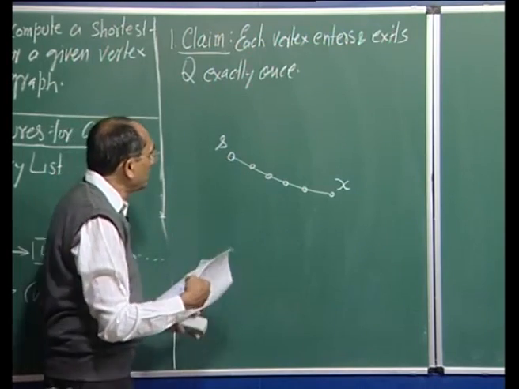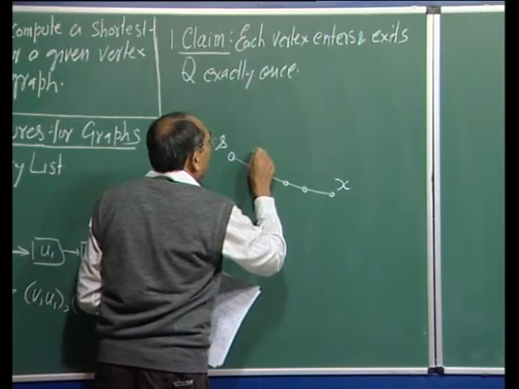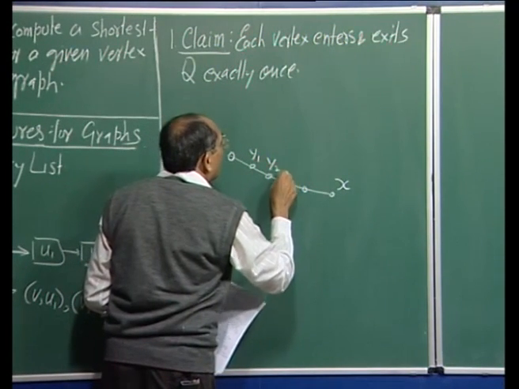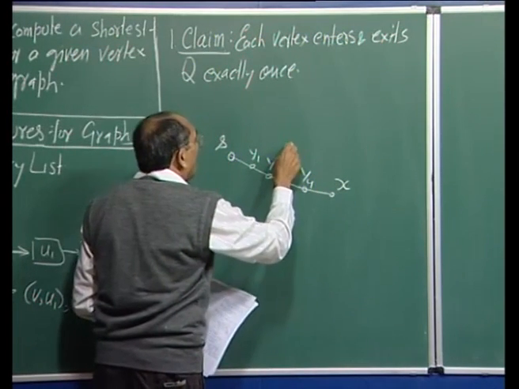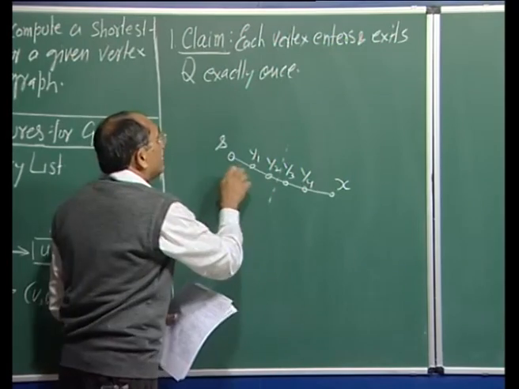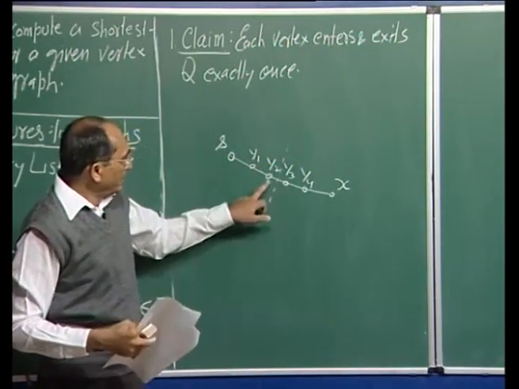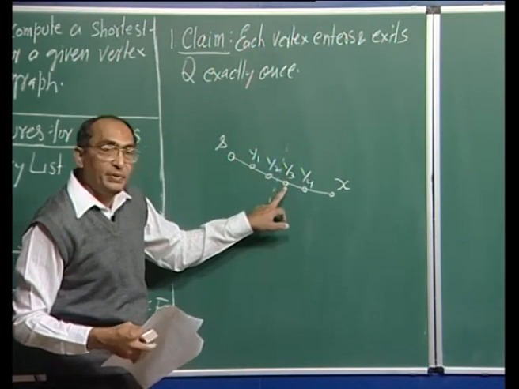Now suppose up to a certain point, let us say this is some y1, y2, y3, y4. So suppose up to some point here, vertices have entered the Q at some point in time. Then when we expand this vertex, one of the neighbors will be y3.